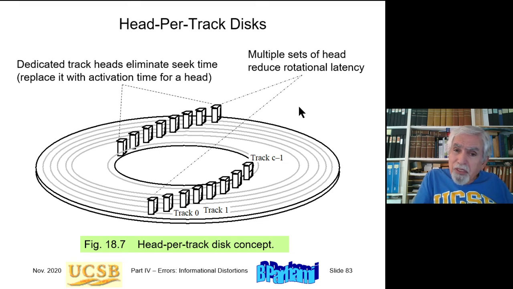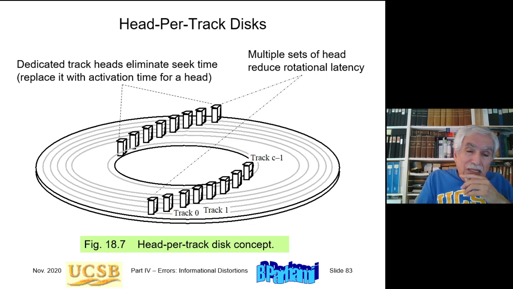So people started to think, okay, how can we use those cheap disks, which are of course smaller than these disks, and also perhaps less reliable because they're mass produced, to build disk memory units for supercomputers that are very large and also very reliable.